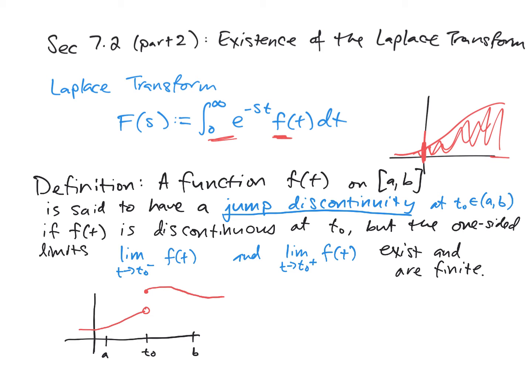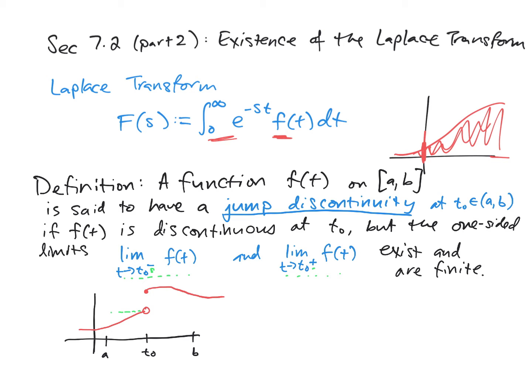The one-sided limits, you've probably seen these in calculus before. This is the limit as you approach t naught from the left, from the negative side, and then the limit as you approach t naught from the right-hand side.